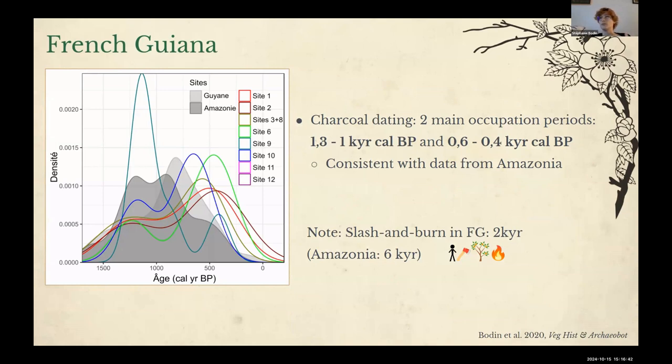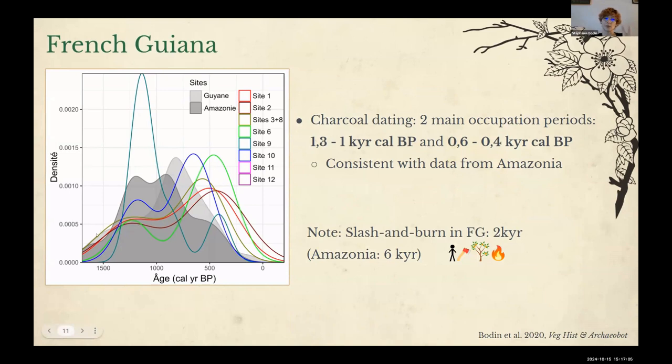This is one of the most well-known uses of charcoals, that you can date, if it's not too old, of course. And we were able to show that most sites in French Guiana had a bimodal pattern. So the sites were occupied twice. And that's something that we found elsewhere in French Guiana.